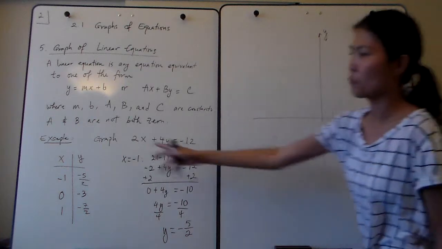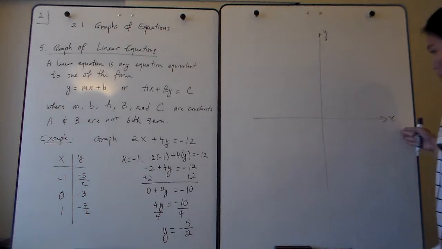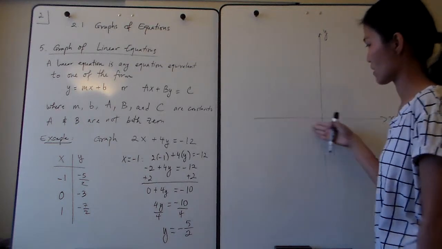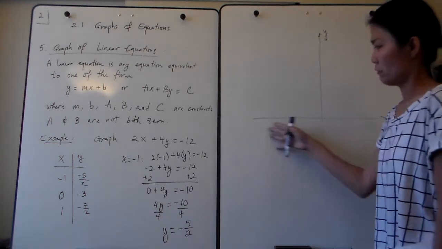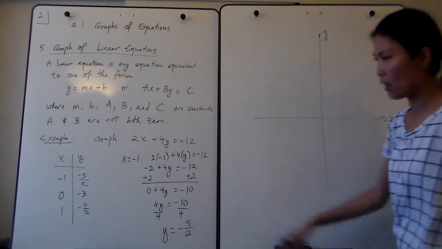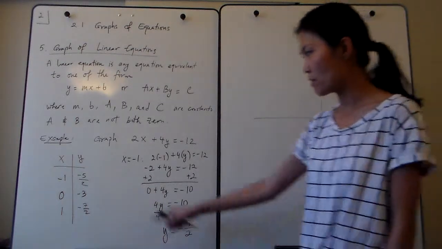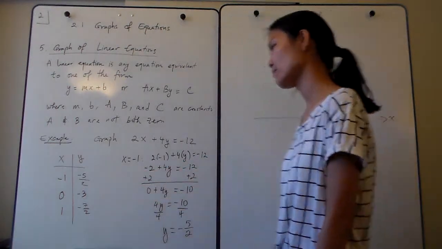So on the x-axis, it can cover 4 or 5 units on the negative side, make sure it can cover about 4, and same thing for y, 4 units, to cover the range of the y. So we have 3 ordered pairs right here.